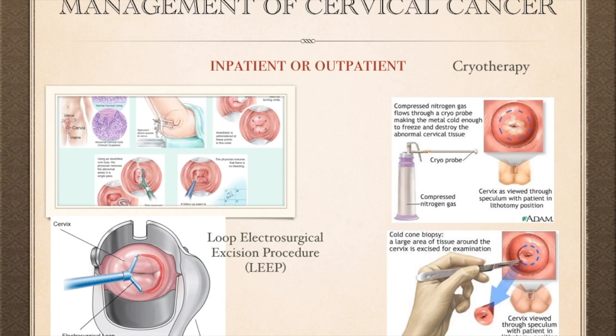So what they're going to do is the cryotherapy, where they're going to freeze the cervix, but then they use a scalpel to excise it. So this one is done in the OR. Cryotherapy and LEEP is done in an outpatient office.